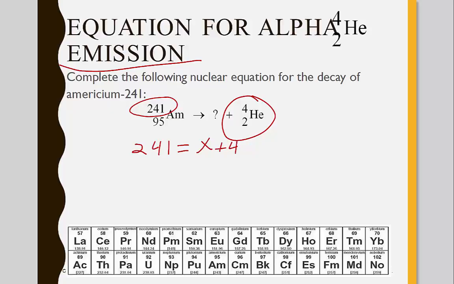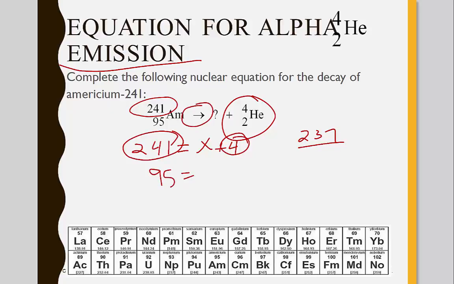So that top number then is going to be 237, because 241 minus 4 is equal to 237. Now the bottom number, we start off with 95, is equal to, because that's where the arrow is, something plus 2, because that's the bottom number of helium, of the alpha particle.